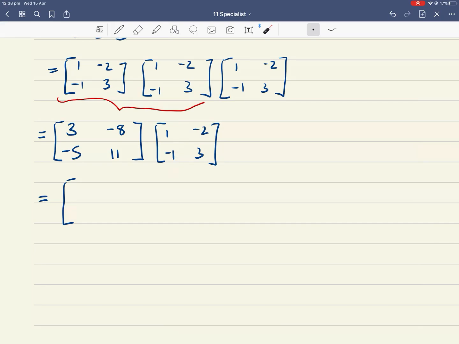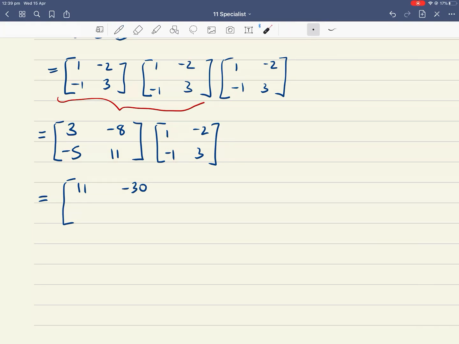So let's multiply the next 2 by 2. We have first row by first column. It gives me 3 times 1 is 3, 3 plus 8 is 11. So row 1, column 2: 3 times -2 is -6, 3 times 8 is 24, so -6 and -24 gives me -30.